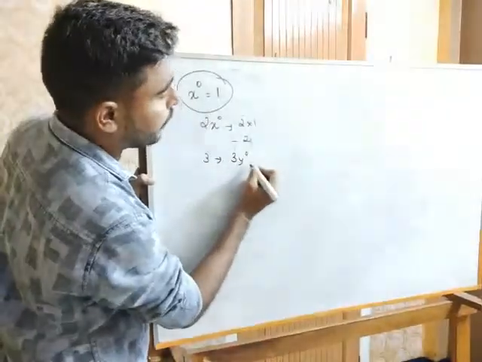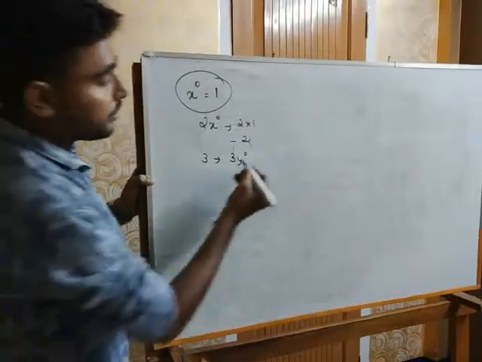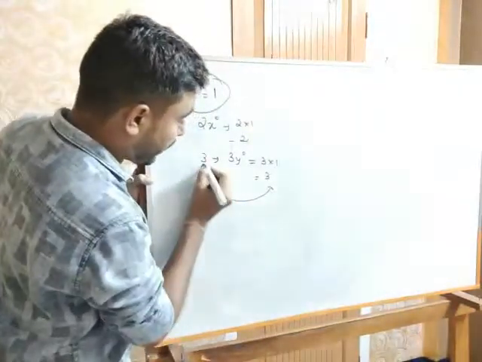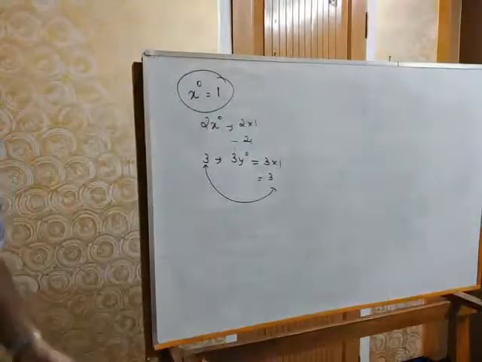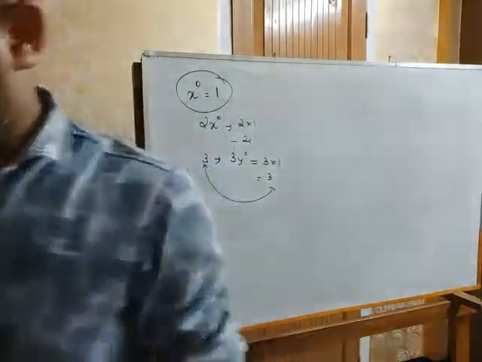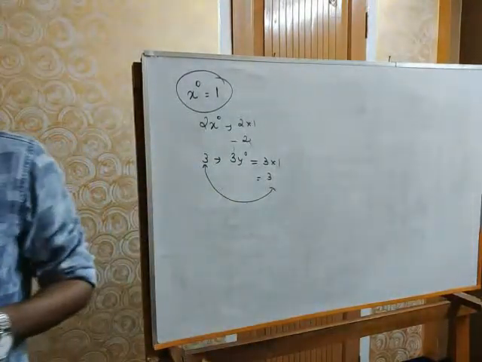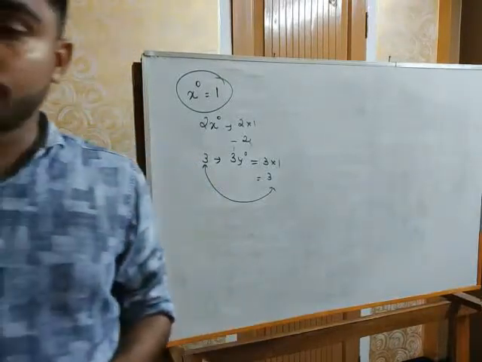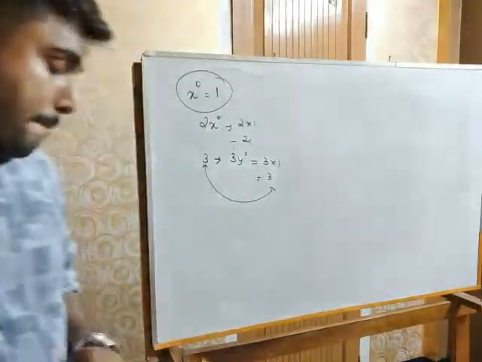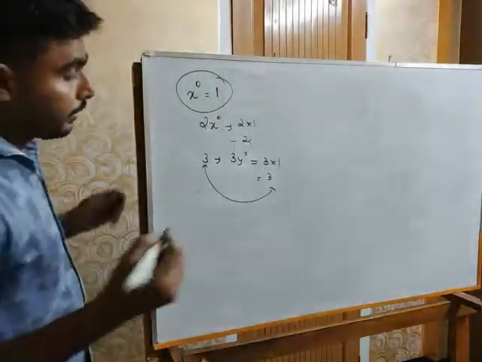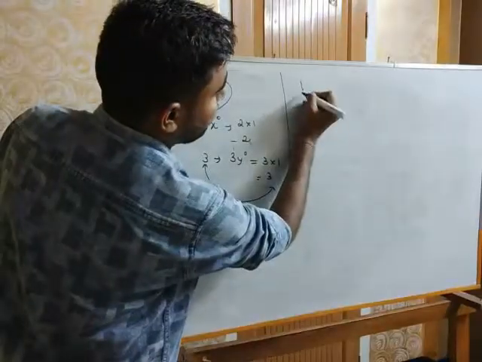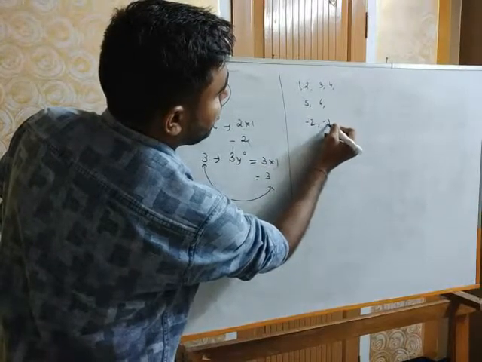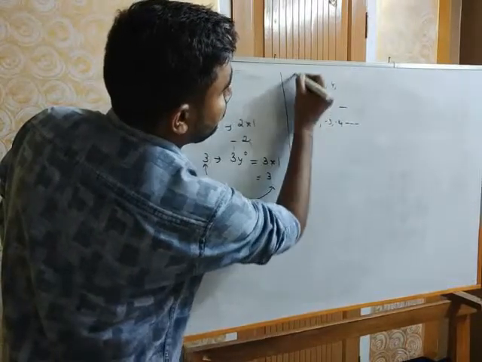Suppose you have written 3. You can write 3 with y to the power 0, because y to the power 0 means 1 only, so the value is the same. So those polynomials whose degree is 0, meaning the highest power is 0, will be called zero polynomials. Usually constants like 1, 2, 3, 4, 5, 6, -2, -3, -4 all come under zero polynomial.